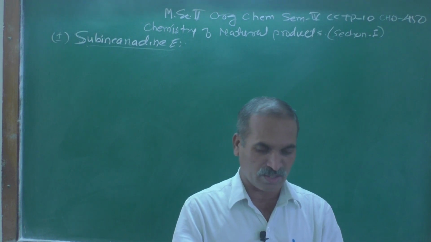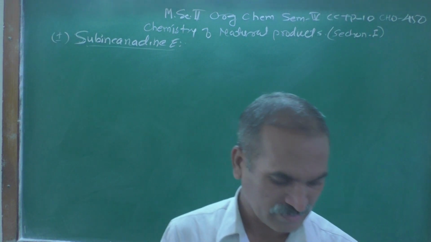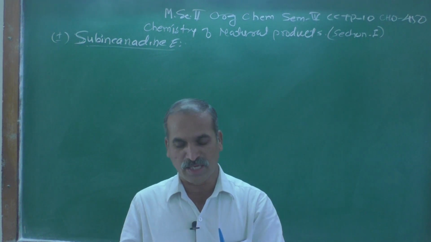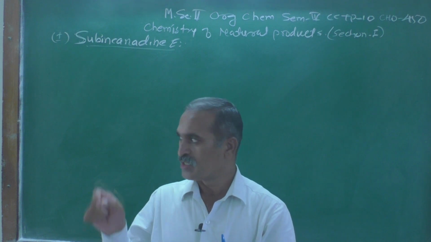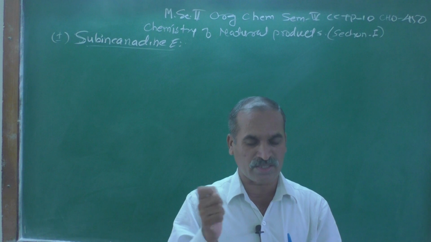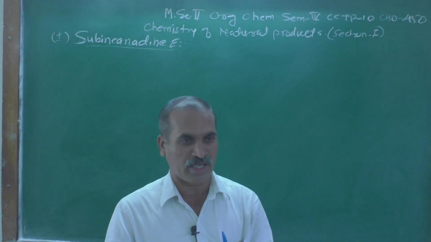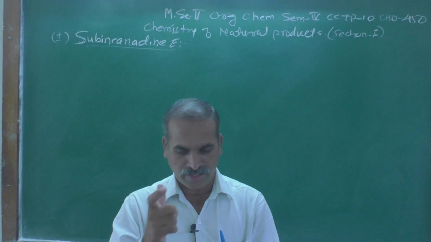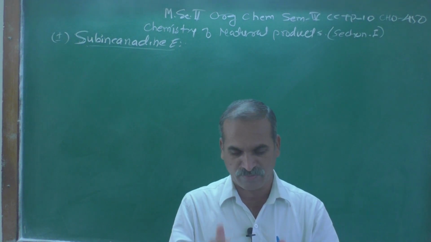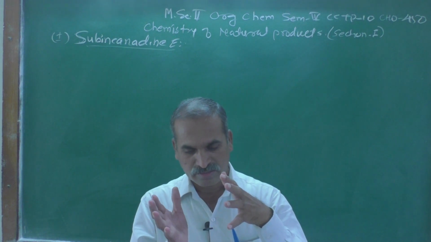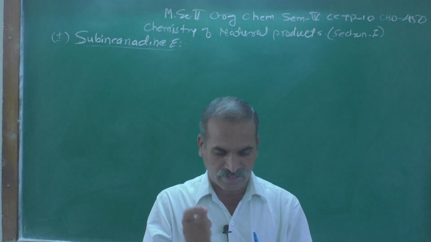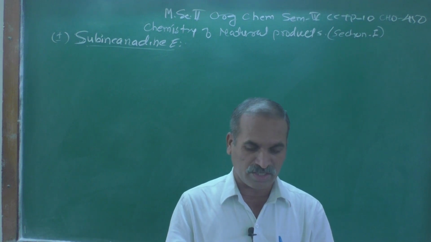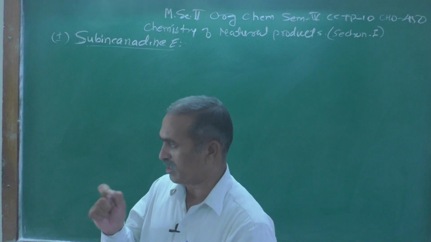Similarly, this sabine canadine is also extracted from the plant, or it is isolated, and the scientists are trying to synthesize the same molecule in the laboratory, and therefore they are using a very specific strategy to synthesize that molecule, and first they made a strategy which is represented in scheme number 1, that is the retrosynthetic analysis of sabine canadine E.